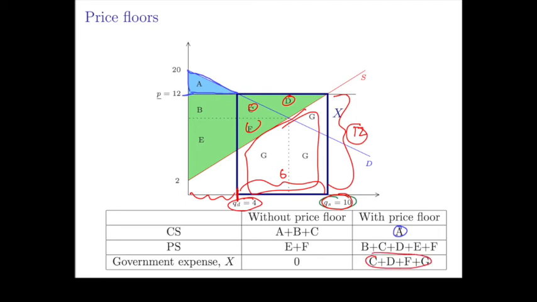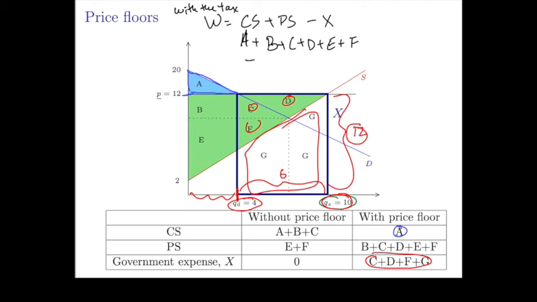which needs to be subtracted from the total welfare. So the total welfare with the tax is the consumer surplus plus the producer surplus minus the government expenditures. So what's the consumer surplus? It's A. The producer surplus is B plus C plus D plus E plus F. And what's the government expenditure?